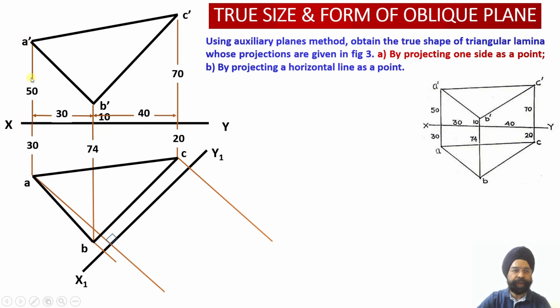The distance of A dash is how much? 50 millimeter. So I am going to mark this distance of 50 millimeter on the locus line of projection A. Just see, this is my projection line following point A. So this distance I have to mark as 50 millimeter.